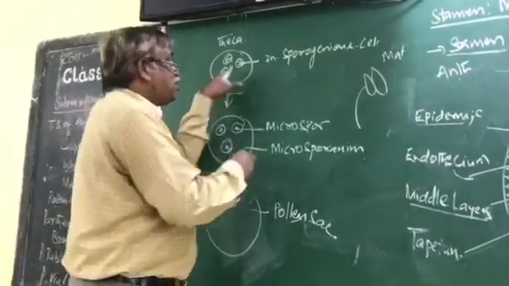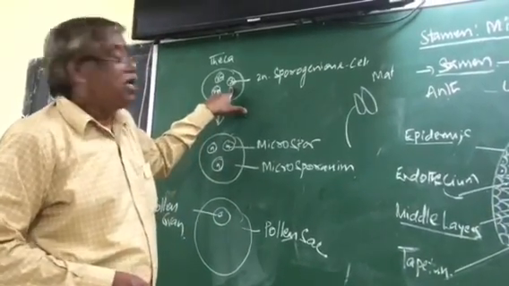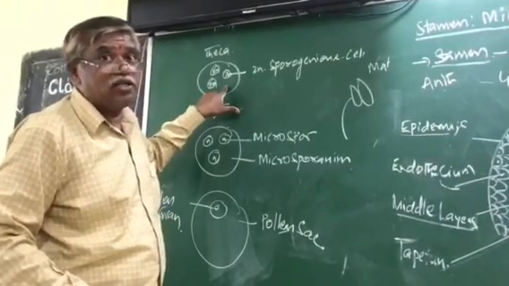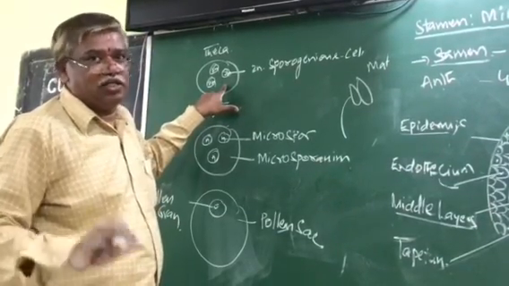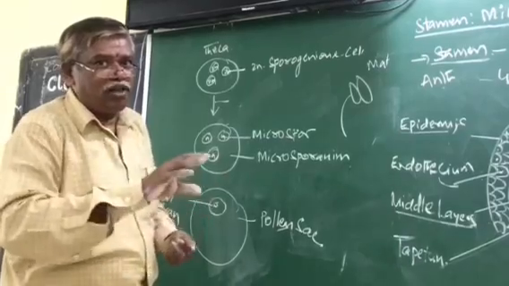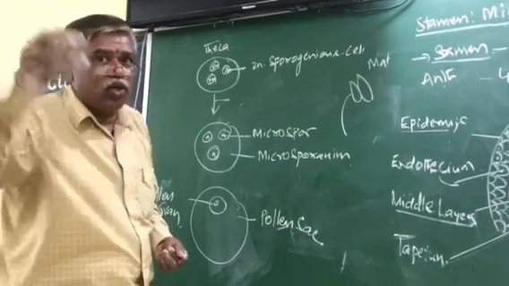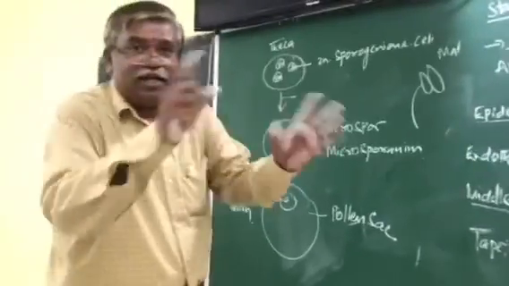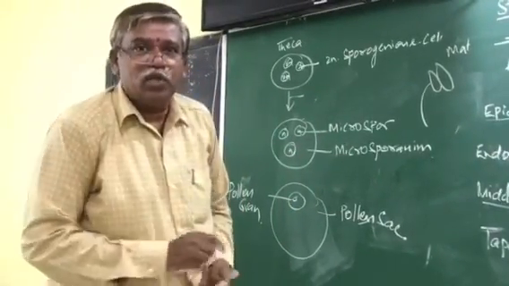In a young anther, this sac is called theca.